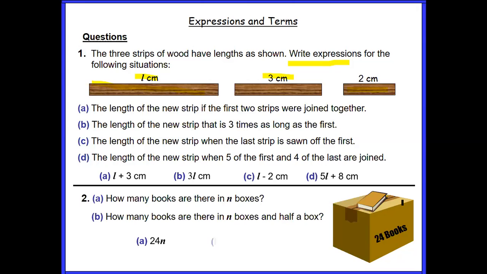This one would be 24N plus 12. We've got 24N, 24 books in one box, plus half of 24 is 12. So that would be 24N plus 12.